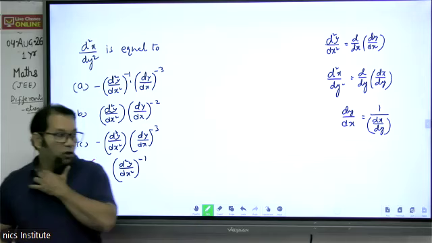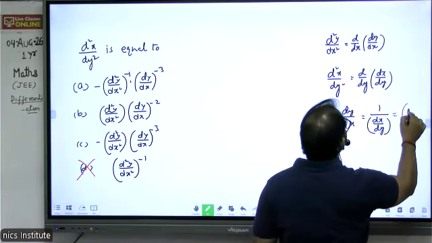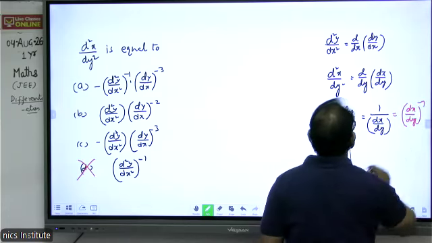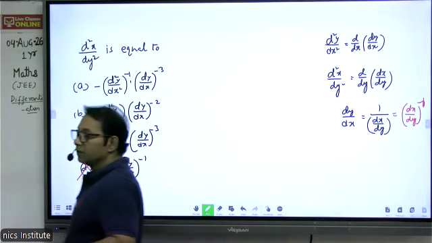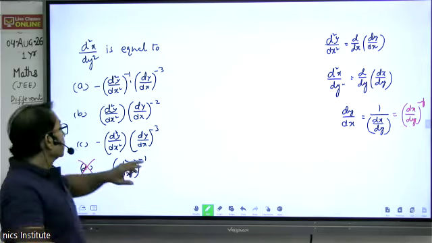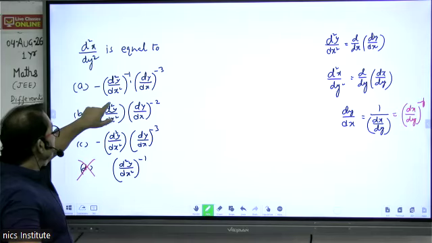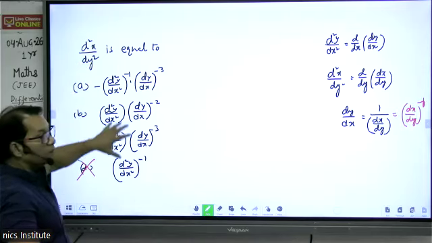Dy by dx, no doubt, is 1 over dx by dy, or you can say dx by dy to the power minus 1, but not true for the second derivative. Options are in terms of dy by dx and d2y by dx square. So you can start from here and try to convert in this form.